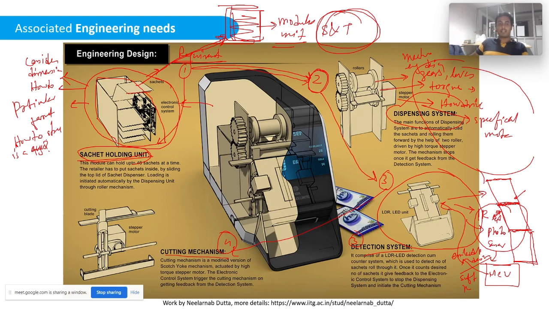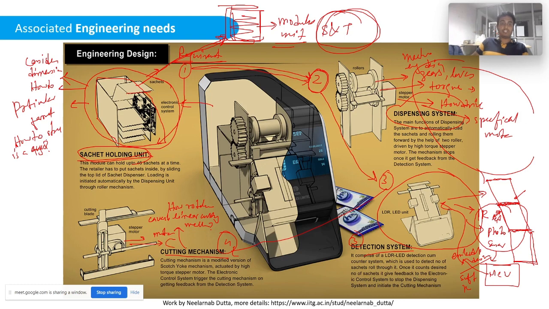Similarly, in the cutting mechanism, the engineering design involves how rotational motion can be converted into a linear cutting motion. And how to drive this motor: is it a stepper motor or a DC motor?